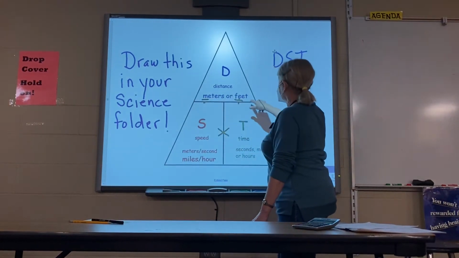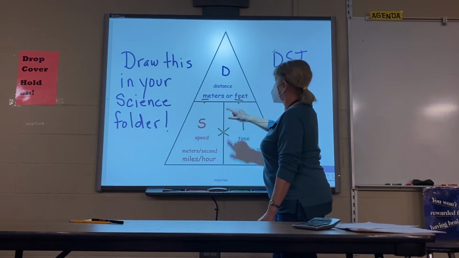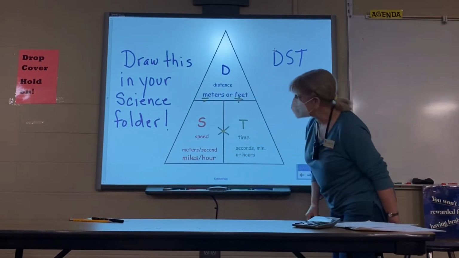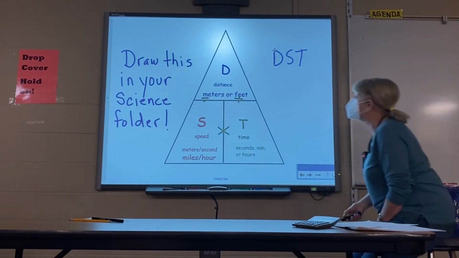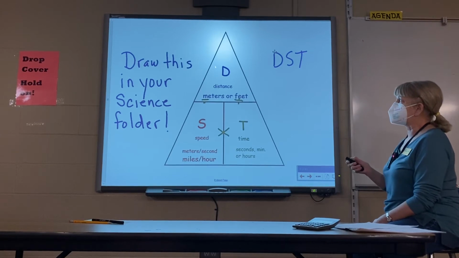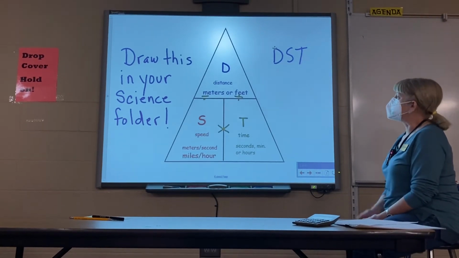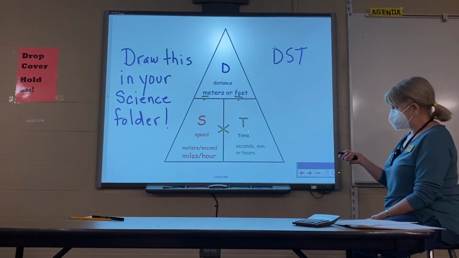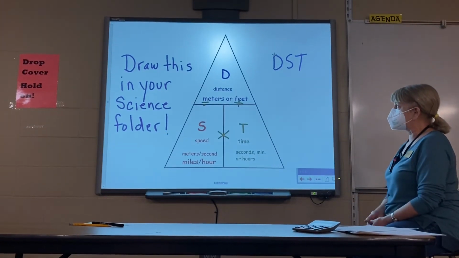The top one is kind of big, looks like a triangle, and then you'll run a line down there to separate the bottom 2. Place a big fat D up in the top one, an S in the lower left, and a T in the lower right.